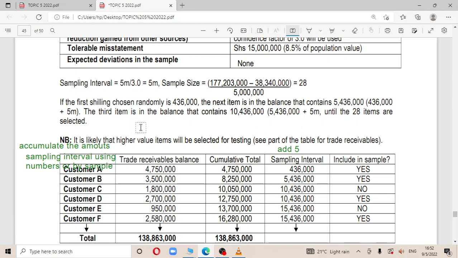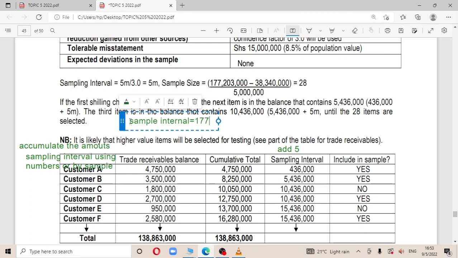You will get around 4.6, but it's hard to physically skip 4.6. So we rounded it off to 5 million, yeah?